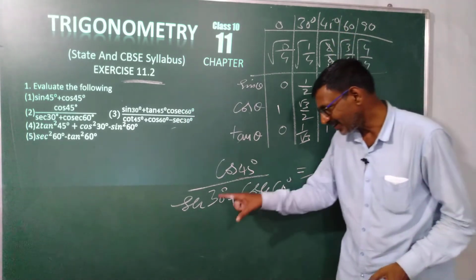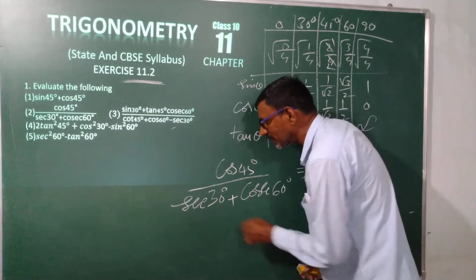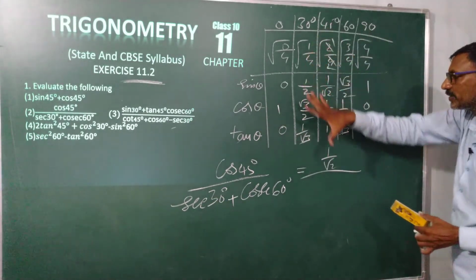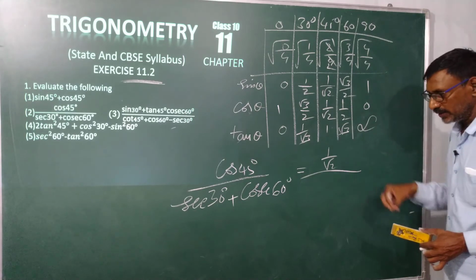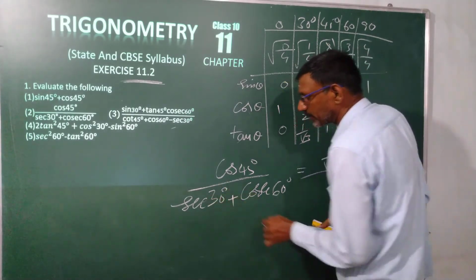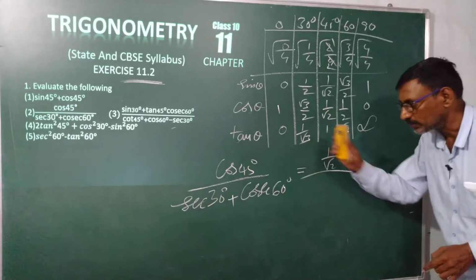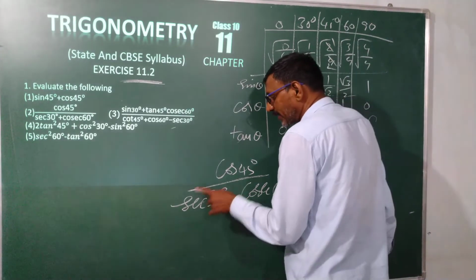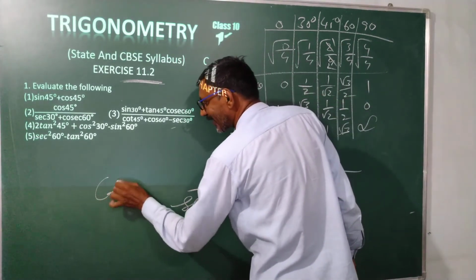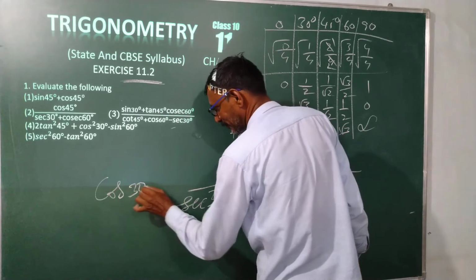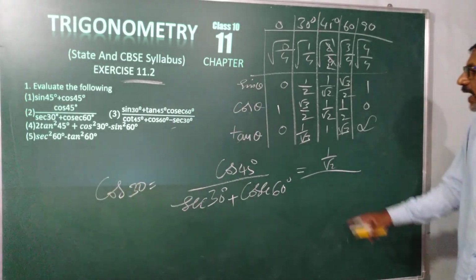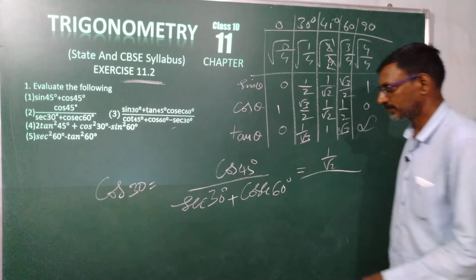Now, this is sec. I told you, the sec values are not here in the table. Now, its inverse ratio I know, cos 30. See, cos 30 degrees value, how much?